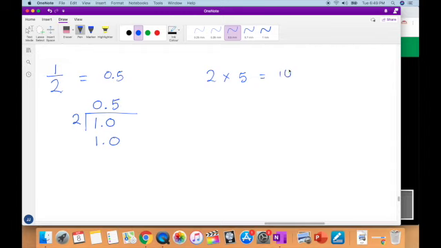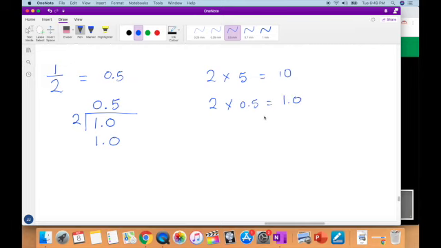What is 2 multiplied by 0.5? Caitlin? 1? Yes, not 1, 1.0.